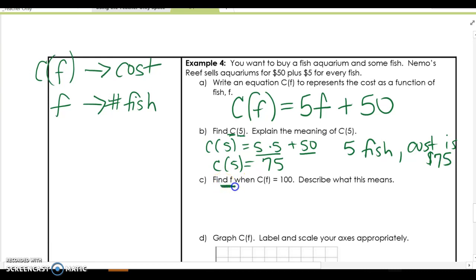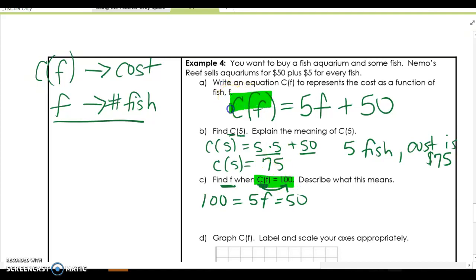Find f, and f is the number of fish. How many fish when C of f, the cost of that many fish, is 100? So when the cost is 100, solve for how many fish that would be. Notice they said C of f equals 100, so I substituted 100 where the C of f is.